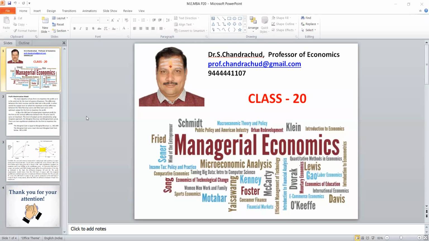This profit maximization model is nothing but how we have to increase the gap between the revenue and the cost. Why? Because the difference between the total revenue and the total cost is nothing but the profit. If these two factors have a maximum distance, then the profit is maximized.